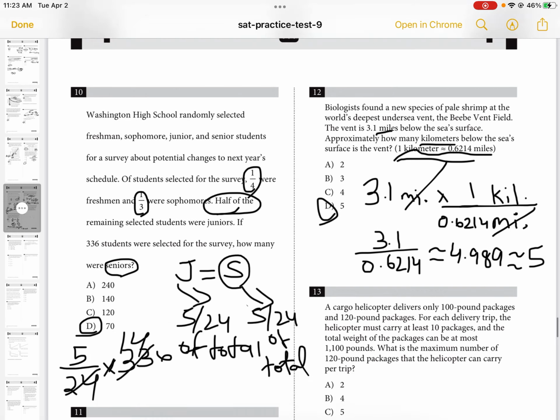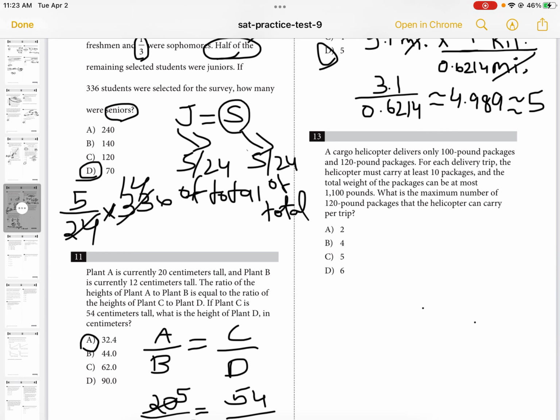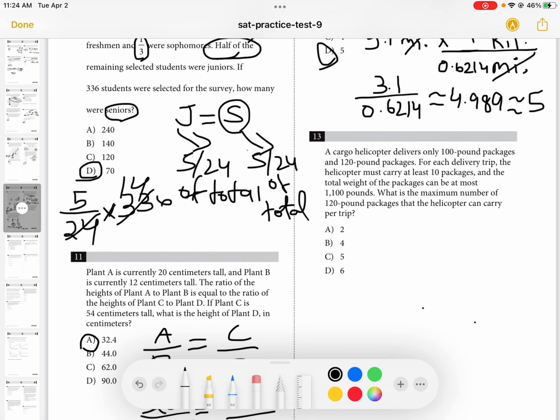Number 13. A cargo helicopter delivers only 100-pound packages and 120-pound packages. The helicopter must carry at least 10 packages, and the total weight of the packages can be at most 1,100 pounds. What's the maximum number of 120-pound packages that the helicopter can carry per trip?